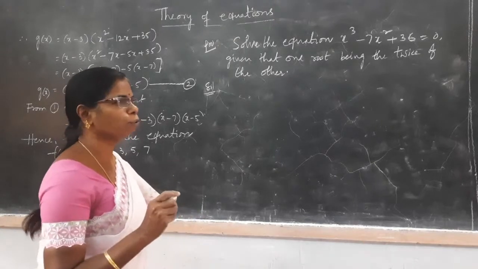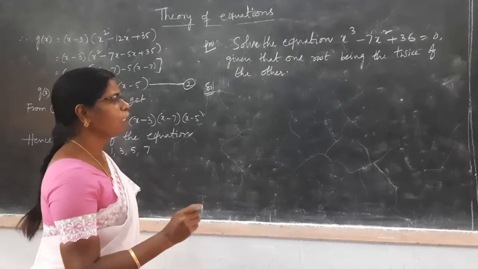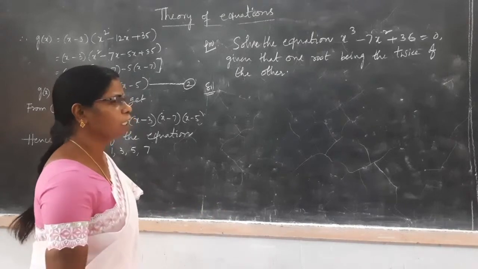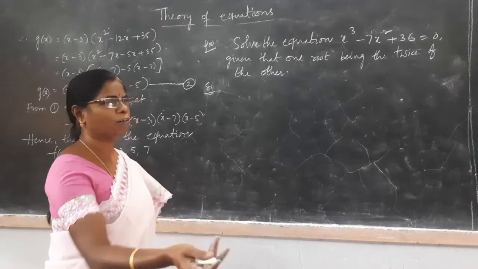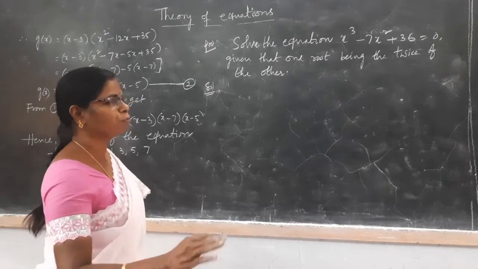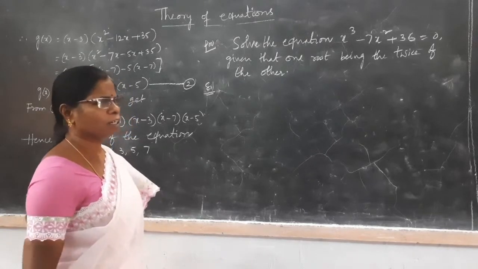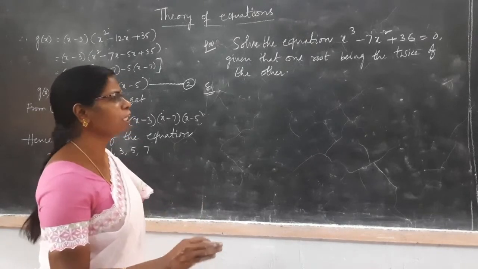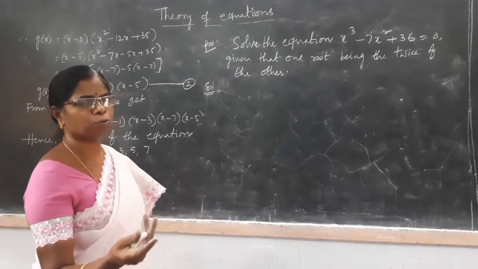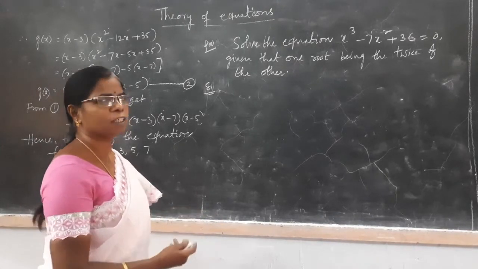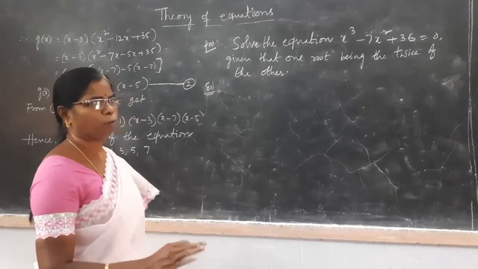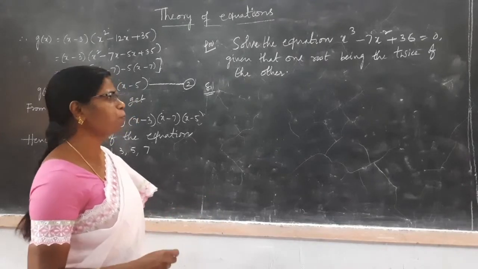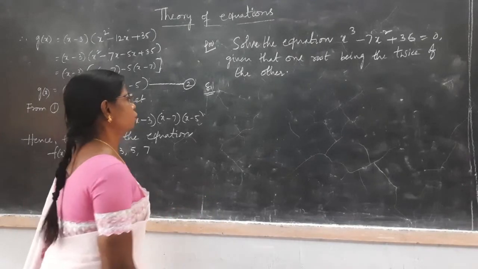Then we have to solve the equation. One root being twice the other, or one root being opposite to the other root, the sum of two roots is 0. A type of relation between two roots is given, then we have to solve the problem. These are one type of problems given in the textbook.